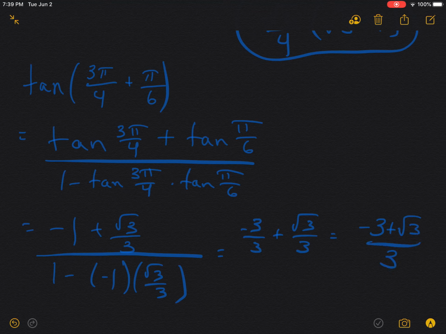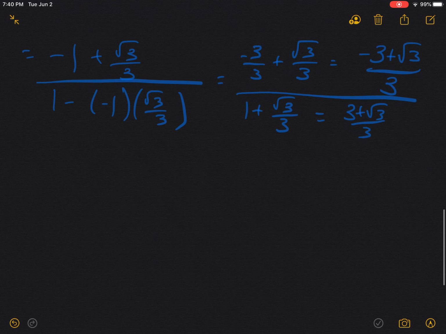Got that? So that's just the numerator. Now the denominator. That denominator is going to turn into 1 plus, because of that double negative there, square root of 3 over 3. And doing the same thing, turning that 1 into 3 over 3 and combining it, you end up with 3 plus square root of 3 over 3.